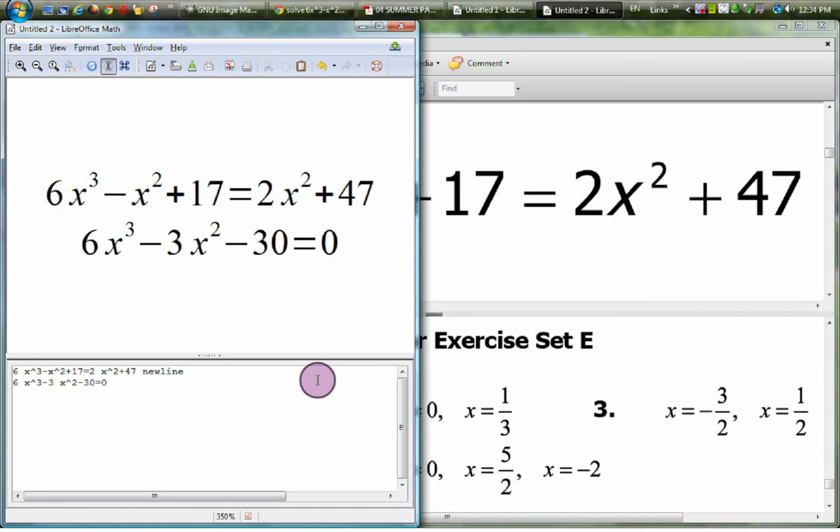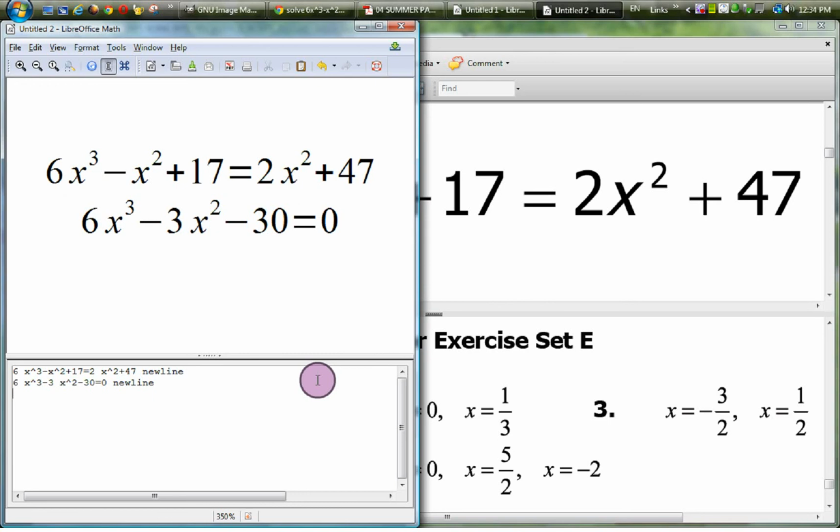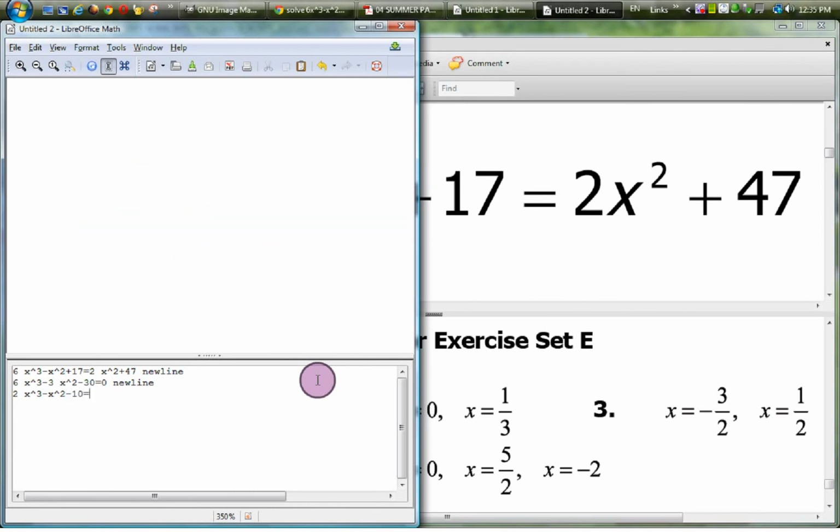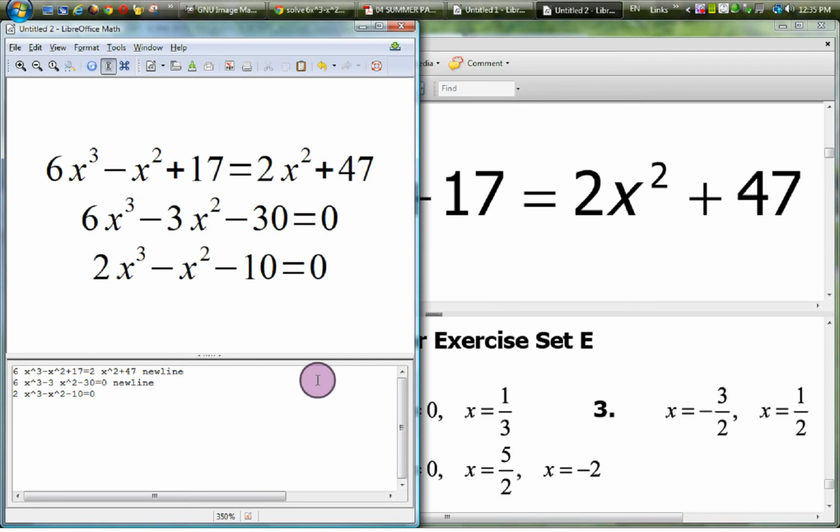There is a GCF, or greatest common factor, of 3. So why don't I just go ahead and divide everything by 3? So we're going to have 2x cubed minus x squared minus 10 equals 0.